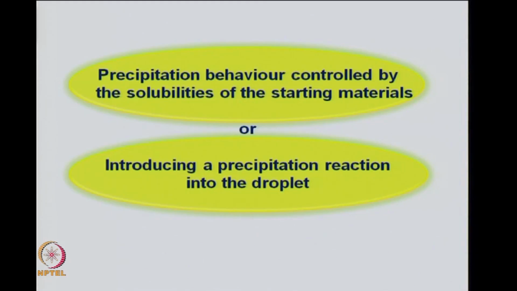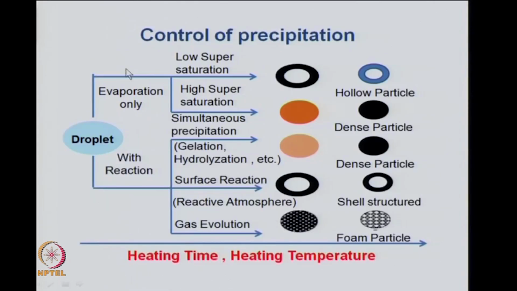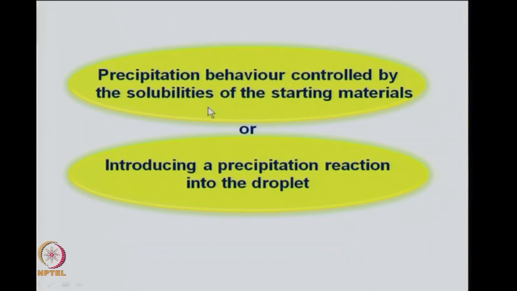Now, as we said, the precipitation behavior is very important and is controlled by the solubilities of the starting materials, because it depends whether there is low supersaturation, that is high solubility, or high supersaturation, that is low solubility.